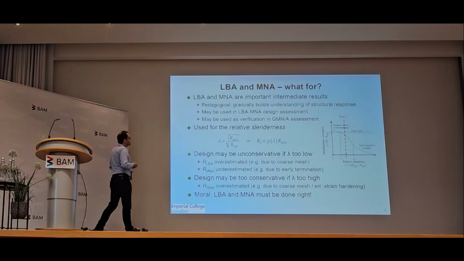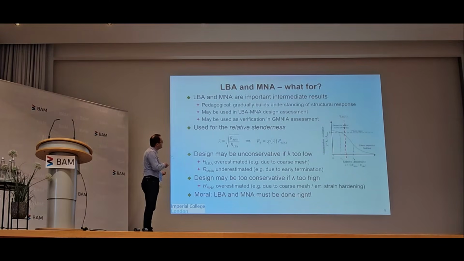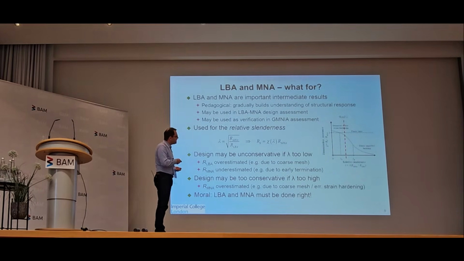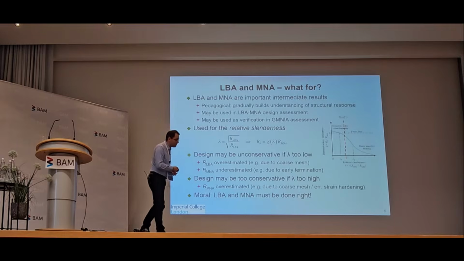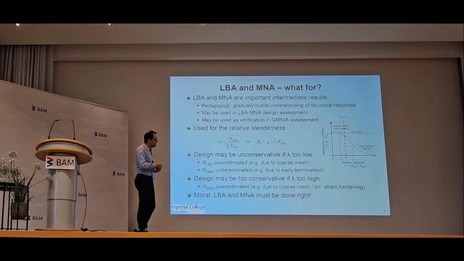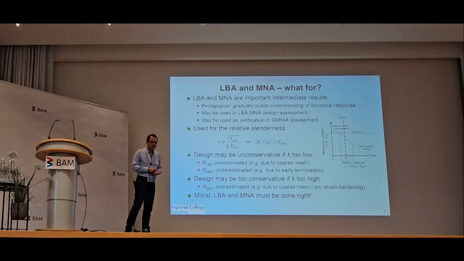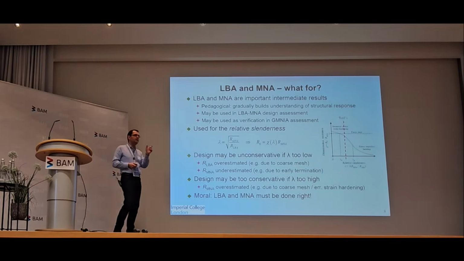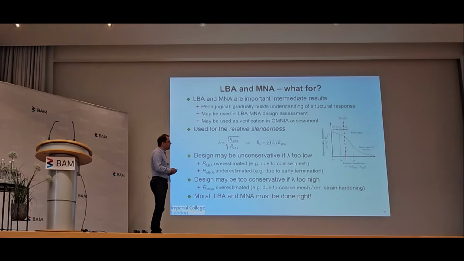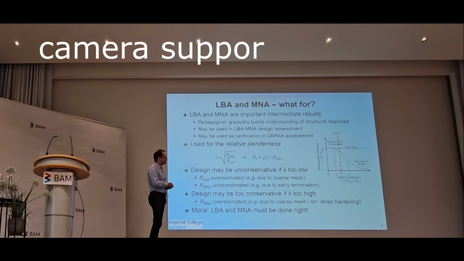Now, why does this matter? The second half of my talk will be on this thing, which is a capacity curve. If you are doing an LBA and an MNA, chances are it is because you're doing the LBA/MNA buckling check, which is one of the four ways of doing a buckling verification in Eurocode 3-1-6.